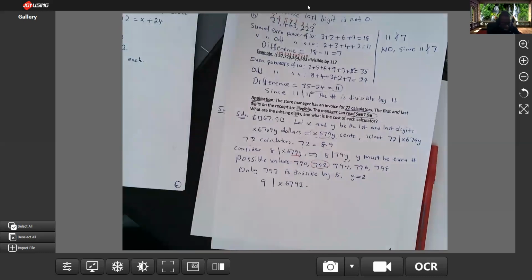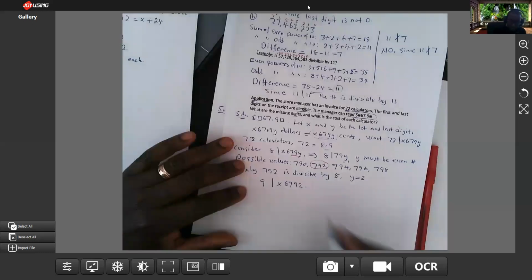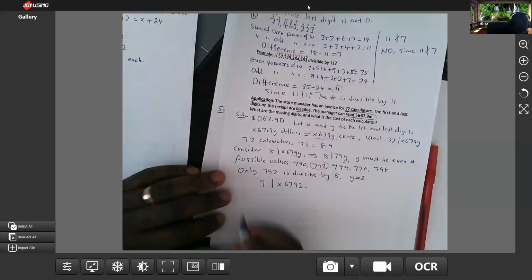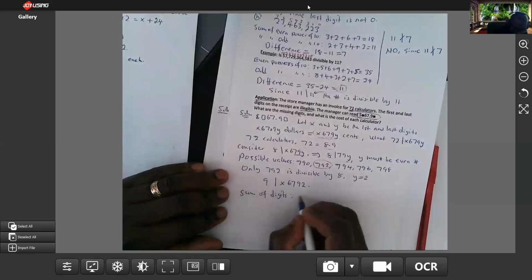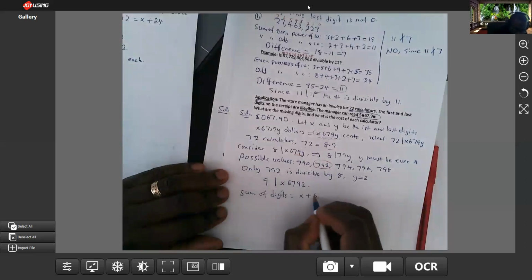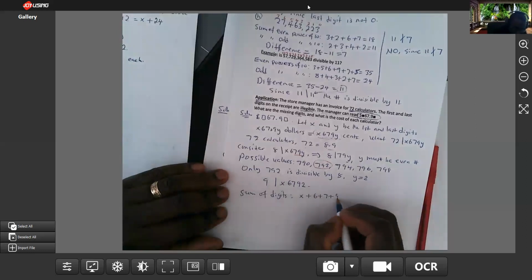Now, remember, if 9 divides the number, that means it divides the sum of the digits. So let's find the sum of the digits of the number, which are X plus 6 plus 7 plus 9 plus 2.